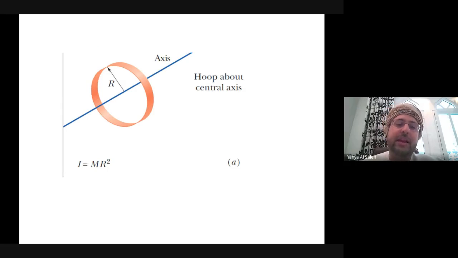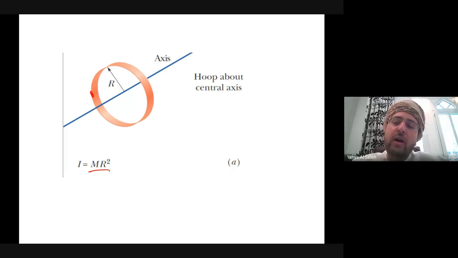For example, if you have a very thin hoop, like the hoopla, and you are looking for the moment of inertia about this central axis, it will be m r squared, where m is the total mass and r is the big radius. And I'm assuming this is very, very thin, so it has no thickness.